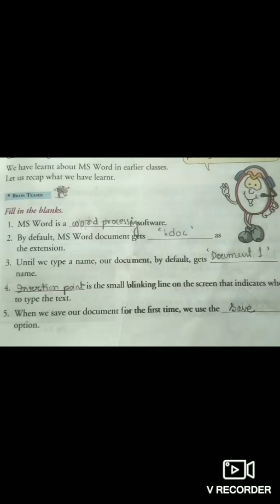Number 4: the place where the small blinking line is on the screen is the insertion point. And the last one, number 5: when we save our document for the first time, we use the dash option, that is the Save option. Fine.